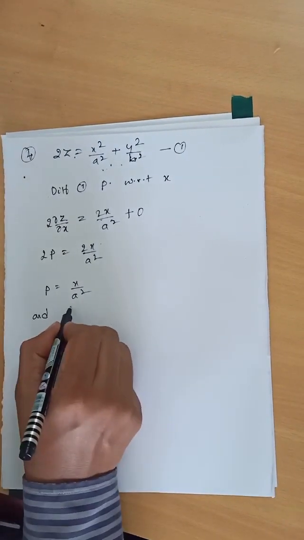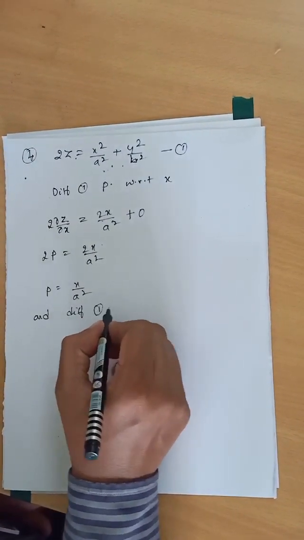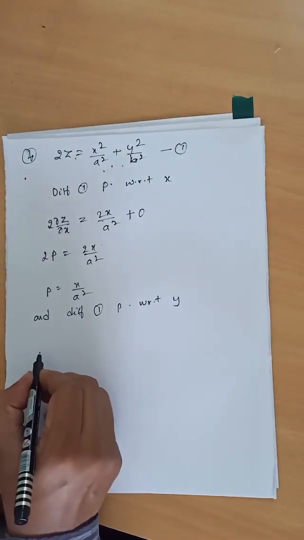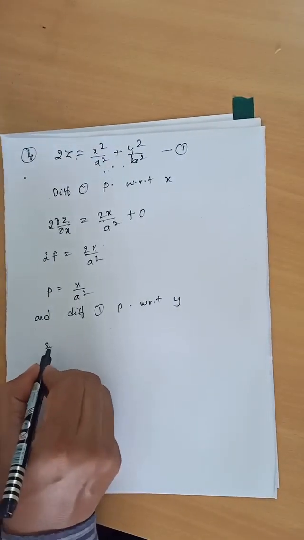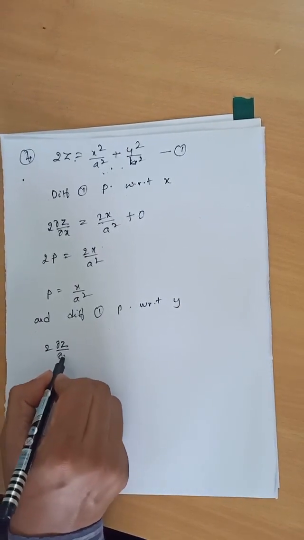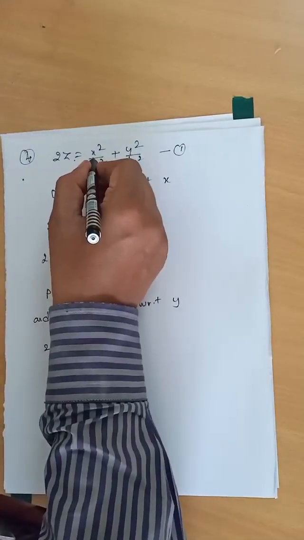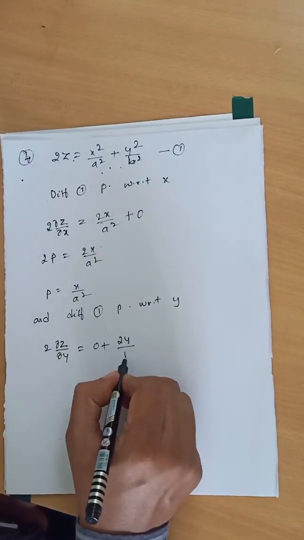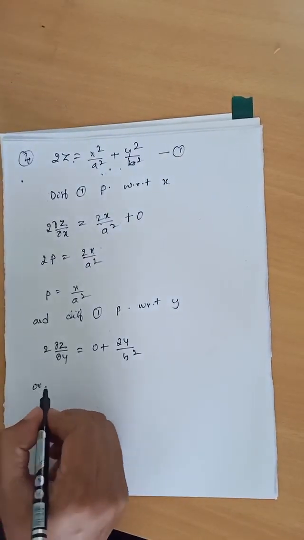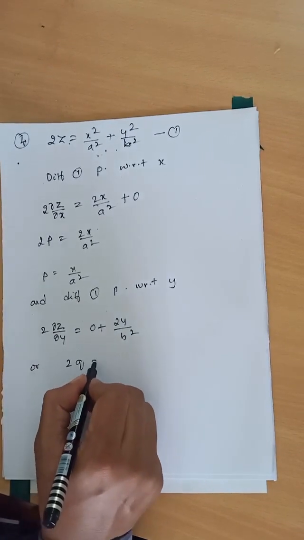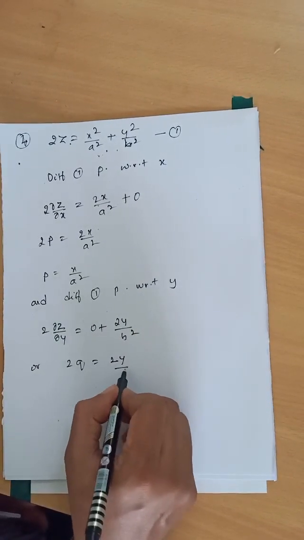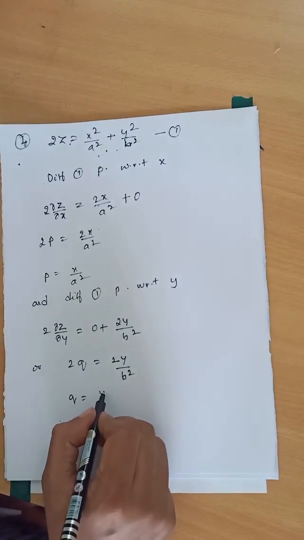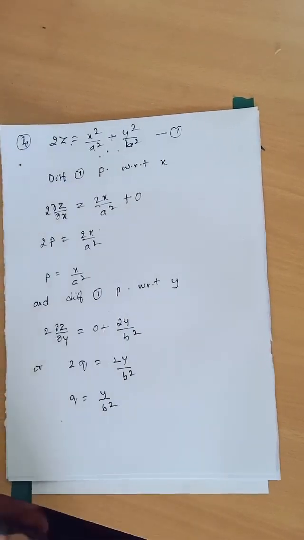And differentiate equation 1 partially with respect to y. That is 2 dou z by dou y is equal to 0 for the x term, plus 2y by b square. Or 2q equal to 2y by b square, the 2 cancels, q is equal to y by b square.